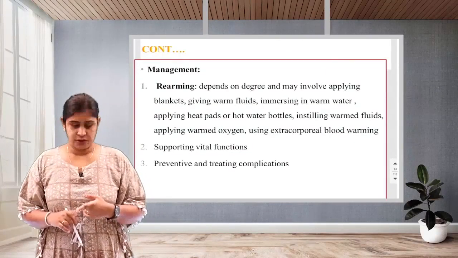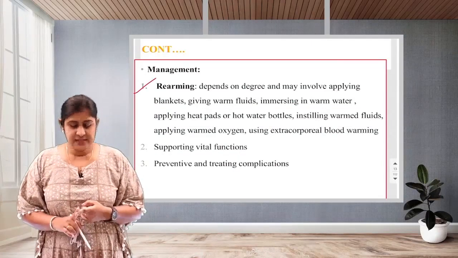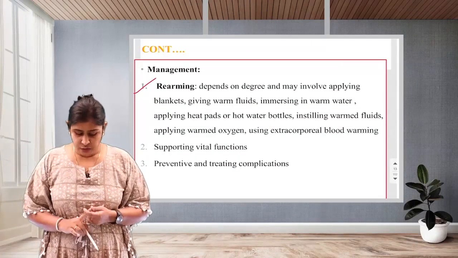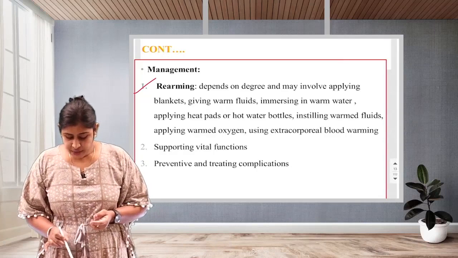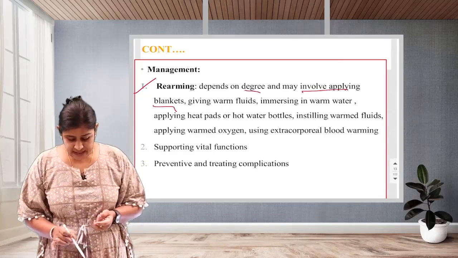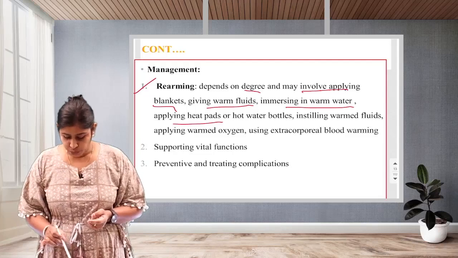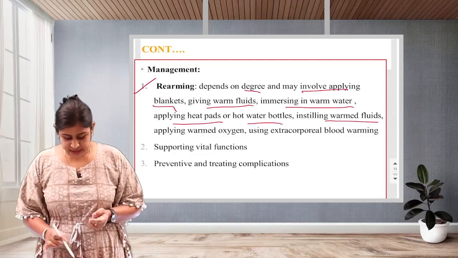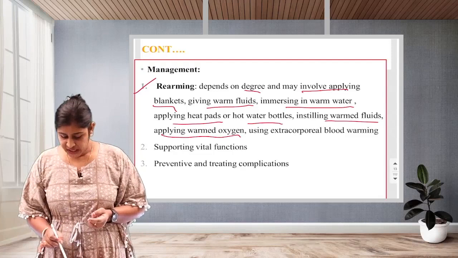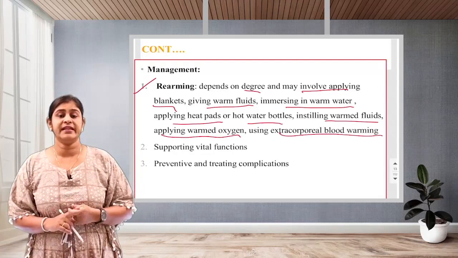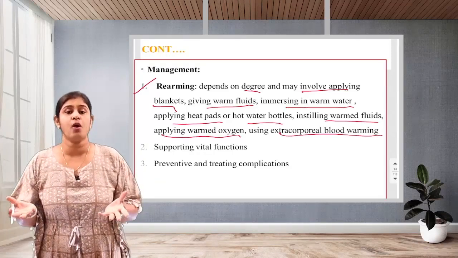Next is the management. The first is rewarming. Rewarming depends on the degree and may involve applying blankets, giving warm fluids, immersing in warm water, applying heat pads or hot water bottles, instilling warm fluids, applying warmed oxygen, or using extracorporeal blood warming. That is, everything you provide is in a warm way.